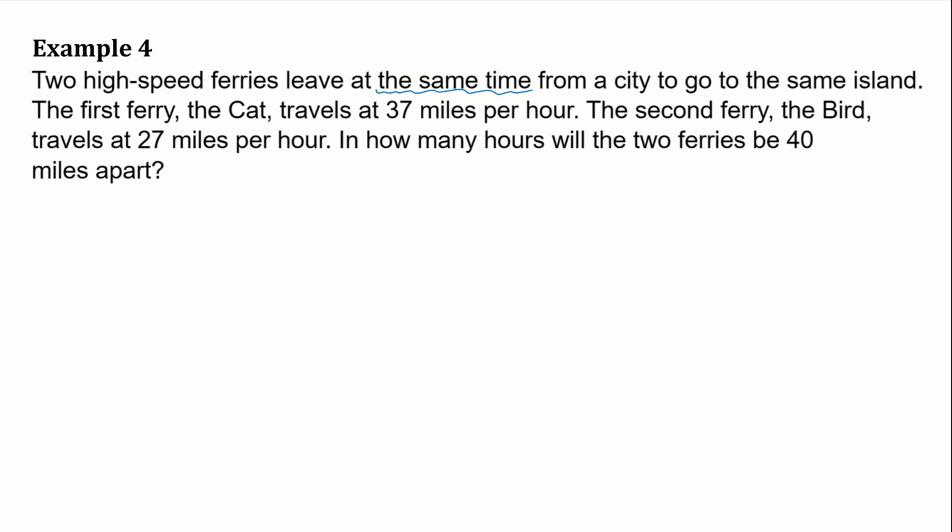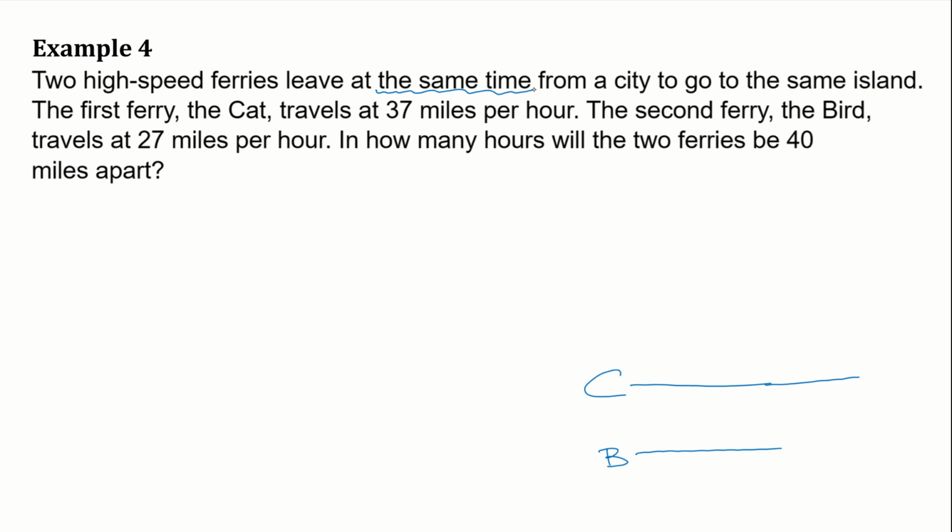So if we try to get our information in a graphic manner, we notice that they do leave at the same time. So we have the Cat and the Bird, right? And they leave at the same time. So since the first one, Cat, is traveling faster, she's going to be ahead of Bird, right?